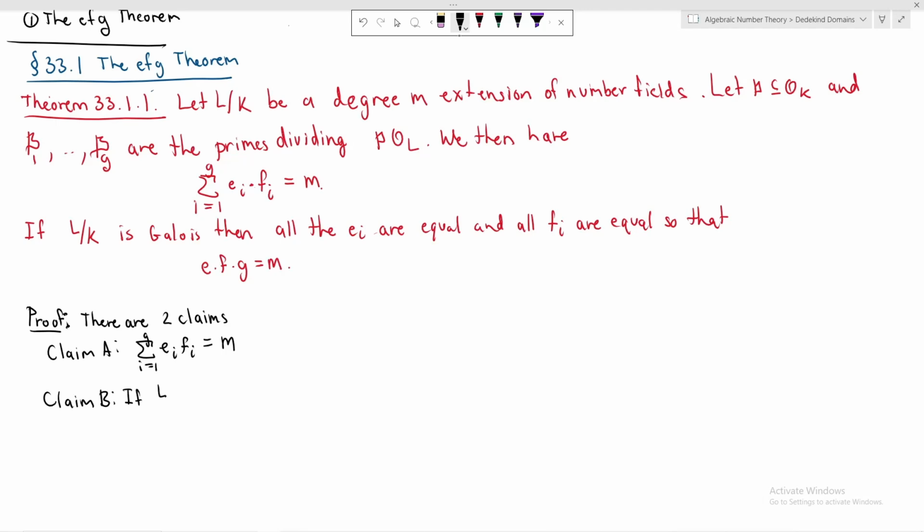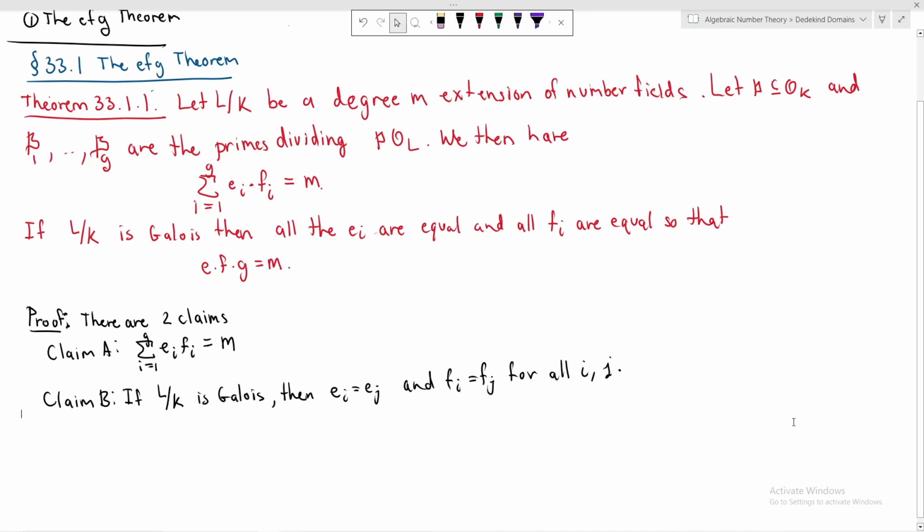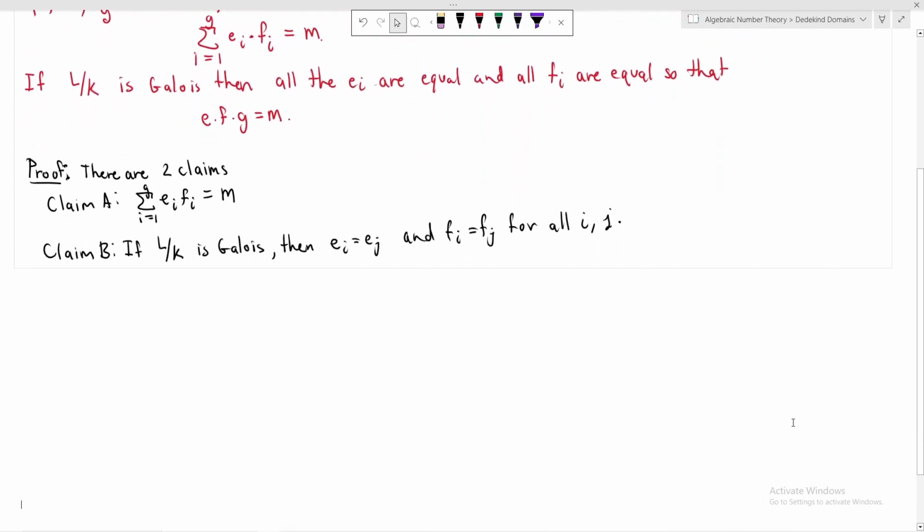Really what we need to show is if L over K is Galois, then E sub I equals E sub J, and F sub I equals F sub J for all I and J. Okay, so let's go ahead and just worry ourselves with claim A to begin with.